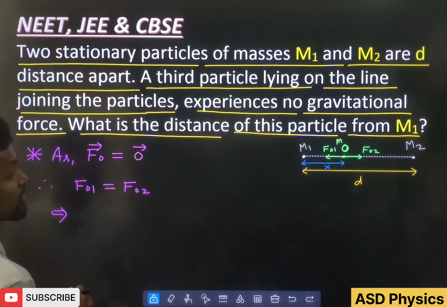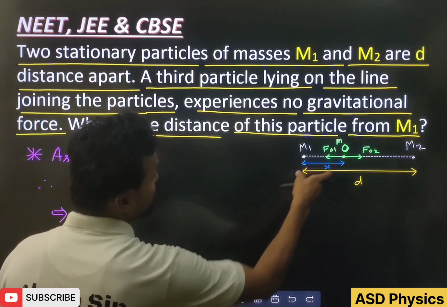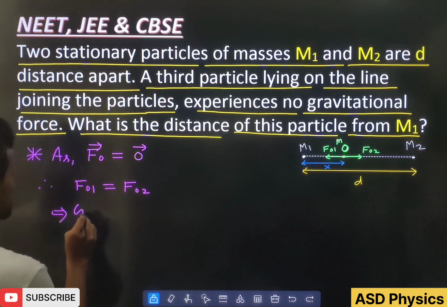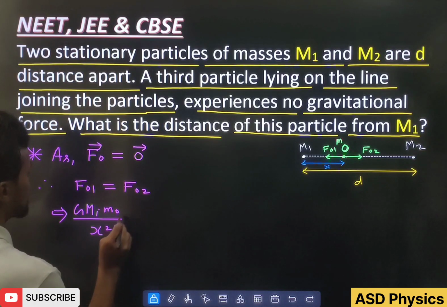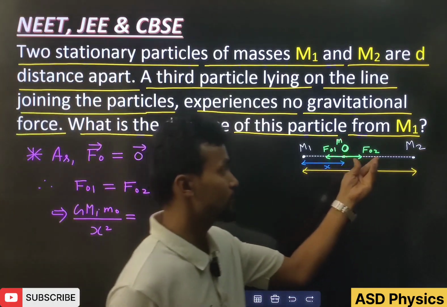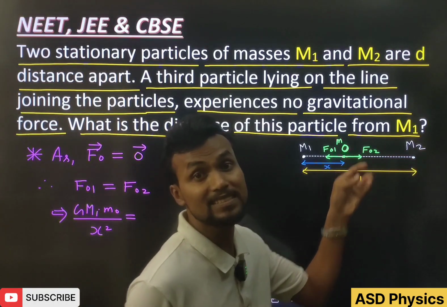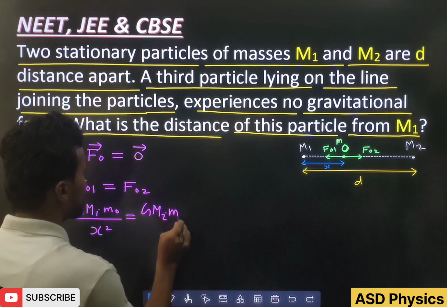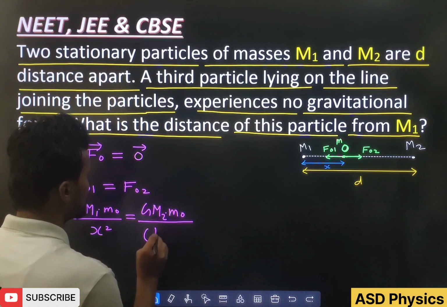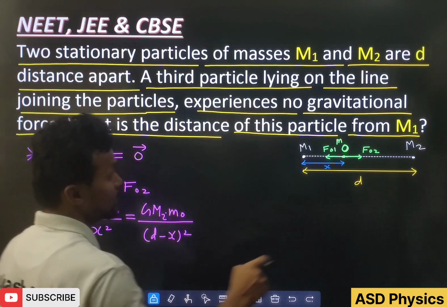So see what F01 is. The distance between the masses will be x, so I can write G m1 m0 by x square is equal to, what is F02? This is m2, and this is m0. Very important: G m2 m0, distance between these masses, D minus x.